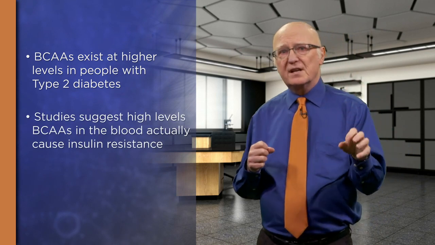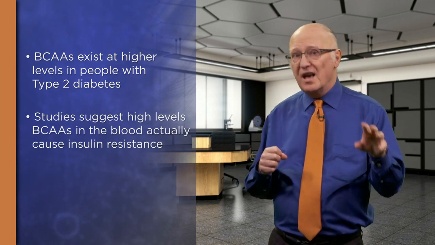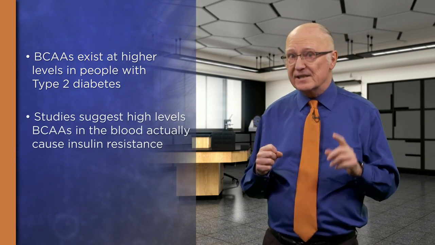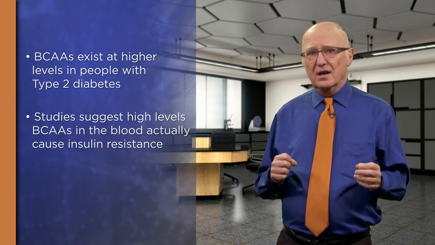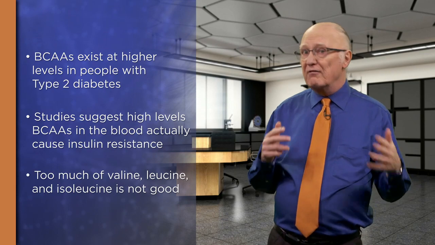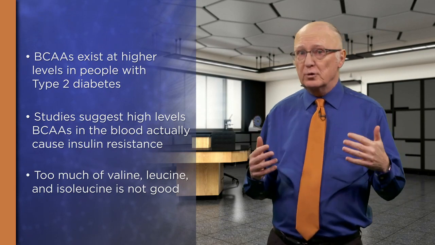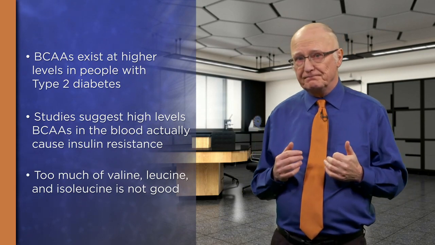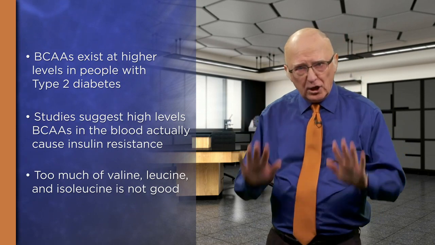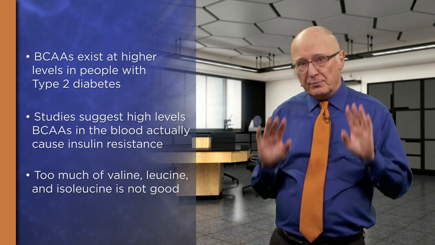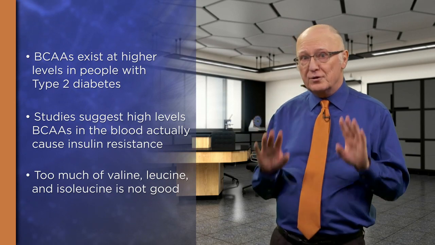Worse, recent studies since 2015 suggest that high levels of BCAAs in the blood actually cause insulin resistance. So it would seem that getting too much of valine, leucine, and isoleucine is not a good idea. In fact, experiments in mice have suggested that a diet low in BCAAs promoted leanness and improved control of blood sugar.